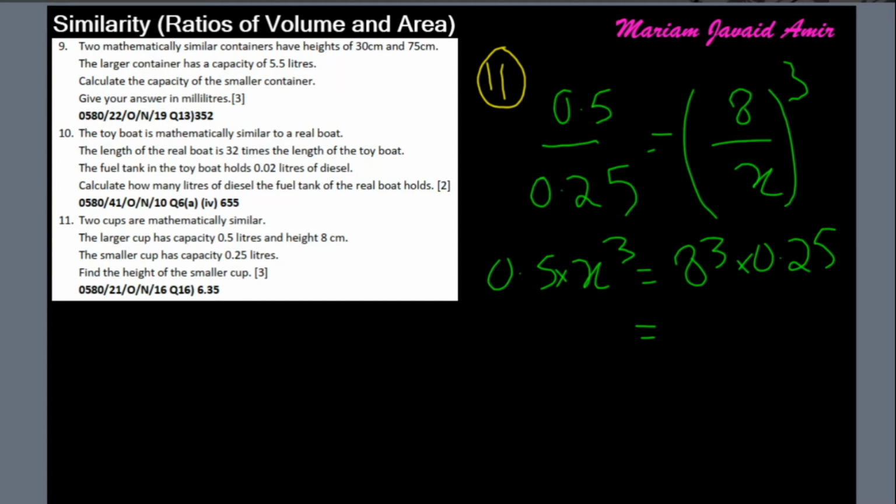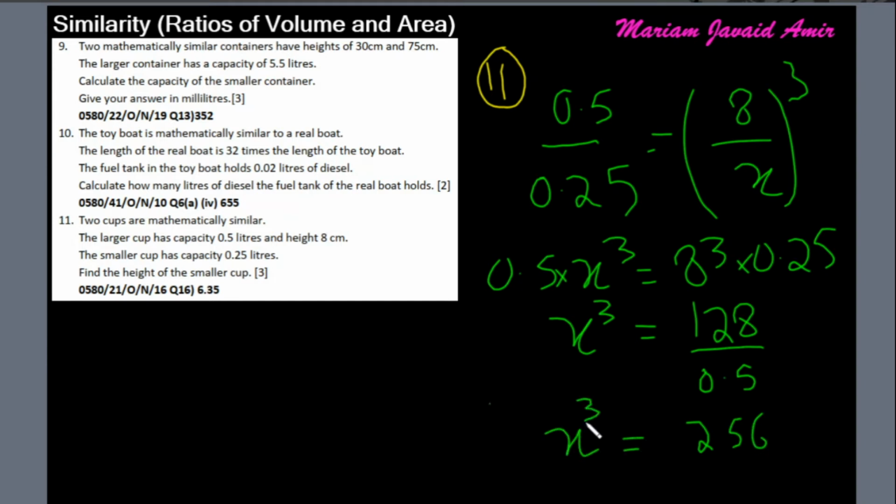So now the numerator will become 8 cube times 0.25, which gives us 128 divided by 0.5 equals x cube. Divided by 0.5 actually means multiply by 2. So this becomes 256 equals x cube.